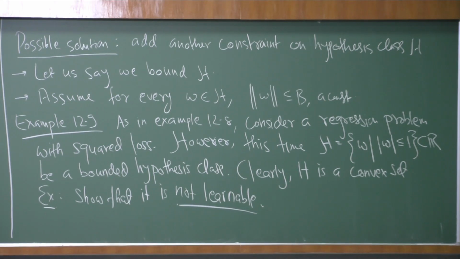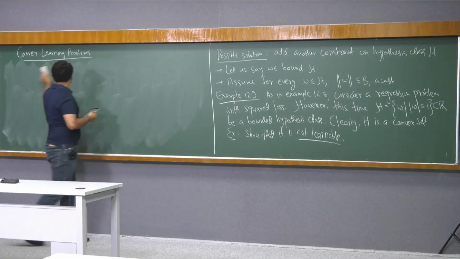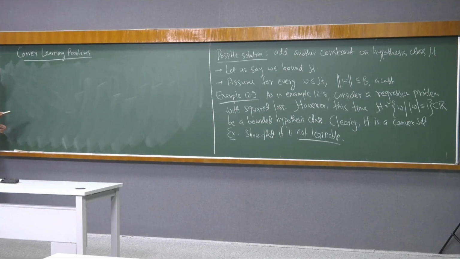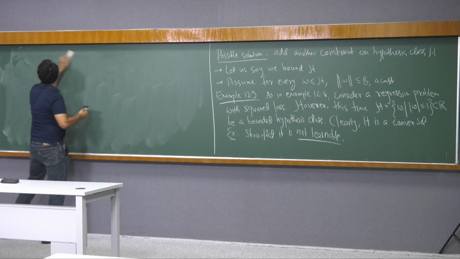Okay, so we need an additional argument here. Hence we will define a new class which is Convex-Lipschitz-Bounded. So let us also make a space for this.